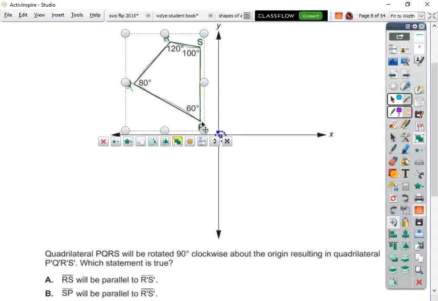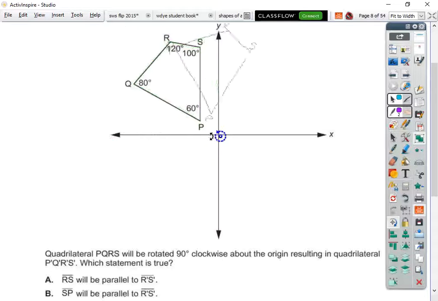All right. So P. There we go. So RS prime is definitely not parallel. So we can strike this right away. SP is parallel to R prime S prime.